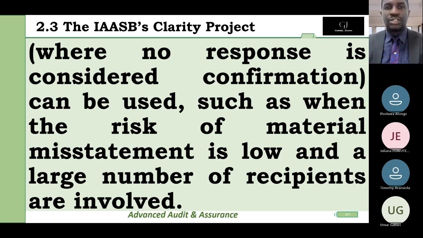So that's what ISA 505 is all about. But where there are material amounts and sizes of items, then the confirmation is pertinent. For example, an organization purchased a machine of about 2 billion naira, and the auditor is skeptical about that purchase. He may need to validate and get positive confirmation that the purchase existed from the invoices provided, and also get confirmation on that transaction.